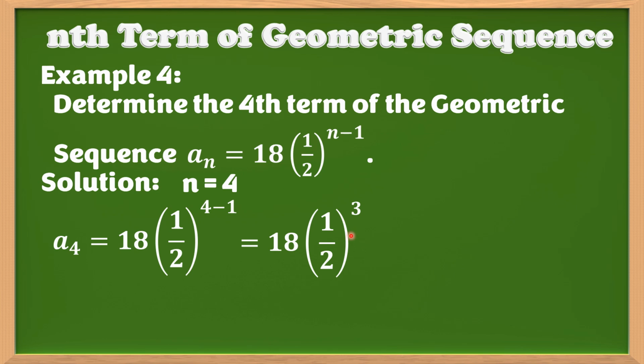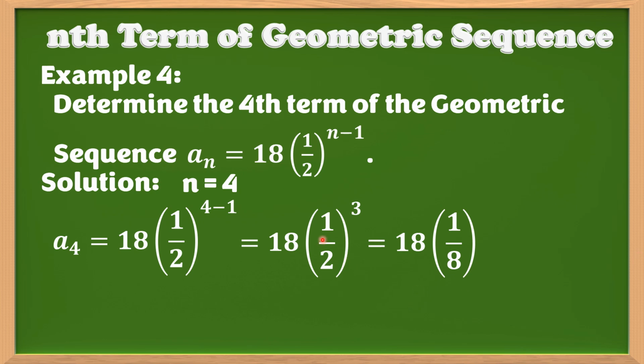And then next is we're going to simplify 1/2 raised to 3. So that is the same as 1 cube over 2 cube. So 1 cube is 1 times 1 times 1. And then 2 cube is 2 times 2 times 2. So therefore, 1/2 cube is equal to 1 over 8.